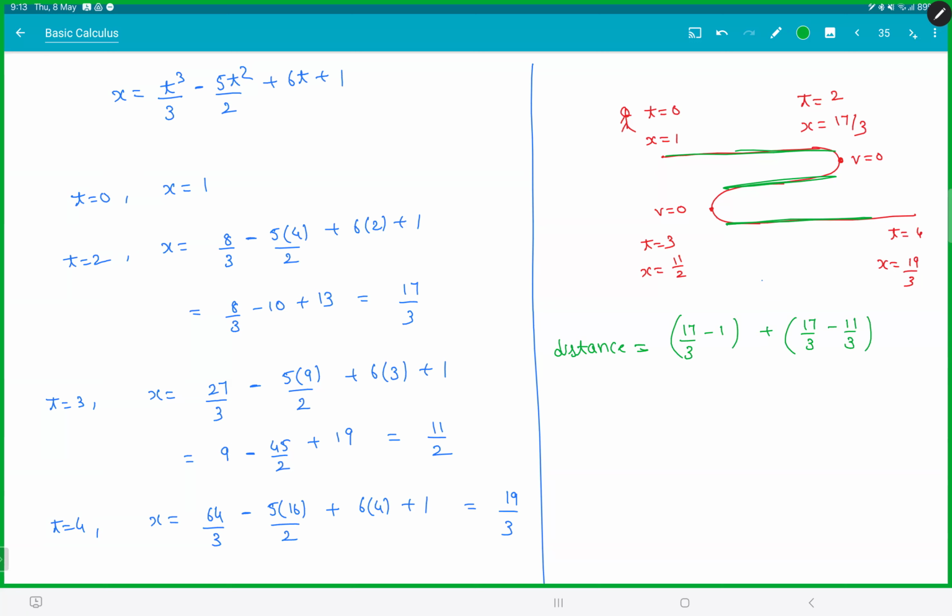Take the bigger number because distance is always positive. Then you walked from 11/2 to 19/3. So 19/3 minus 11/2. This is coming out to be 17/3 meters, it seems. So check it out, everyone. Are the steps clear, everyone?